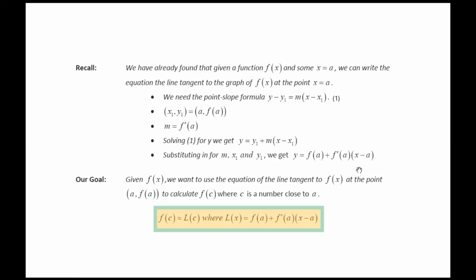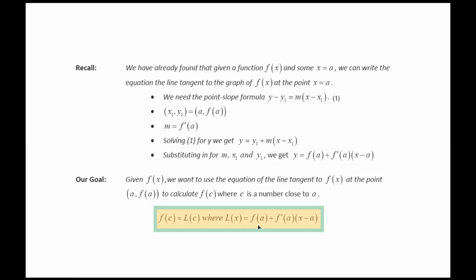Now, most textbooks have a special formula, a way of writing it, which they call L of x. That's why earlier we called our linear equation L of x. So many books use this formula.